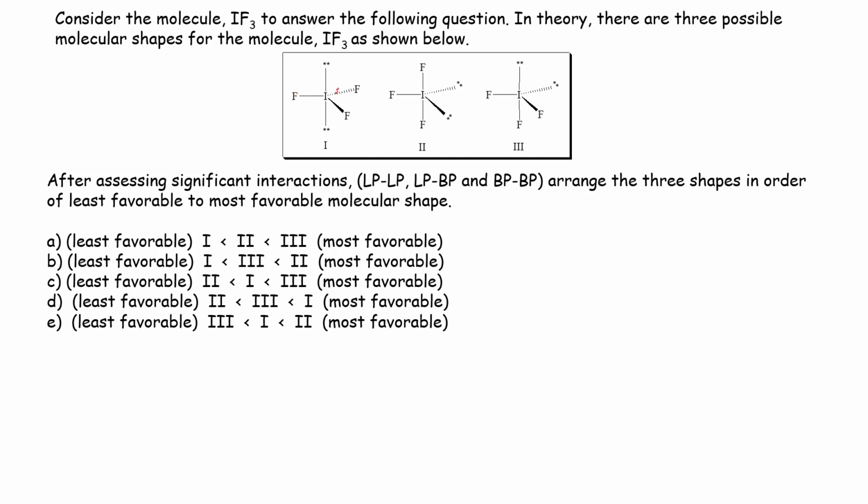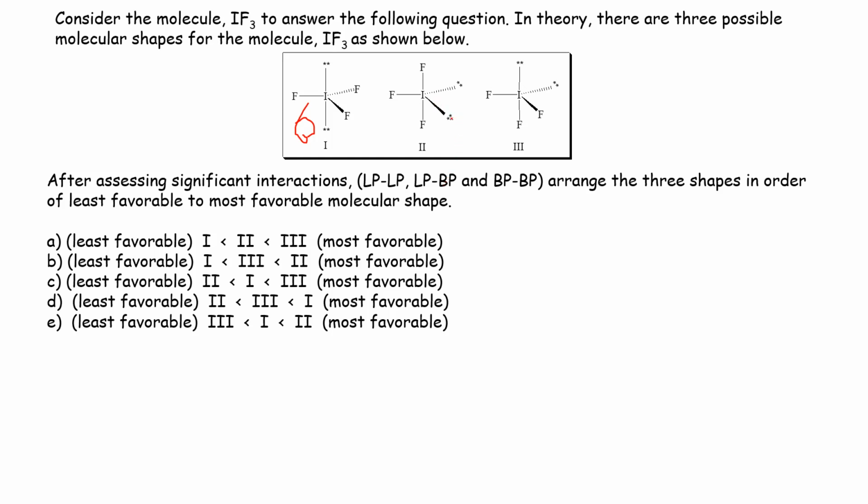Then that's another interaction with this one, that's also 90 degrees. And then this lone pair with this bonding pair, that's also 90 degrees. So for the top lone pair, there are 3 lone pair bonding pair interactions. Then for the bottom lone pair, another 3. That's a total of 6 lone pair bonding pair interactions for shape 1.